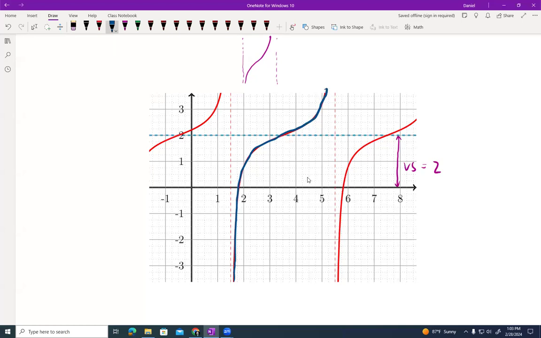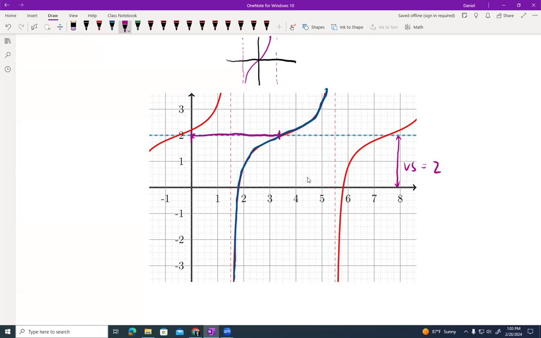And so we're going to save amplitude for last because that's the hardest thing. But we can talk about the horizontal shift. For the horizontal shift, we're supposed to have this middle key point, where it touches the axis of symmetry, go through the origin. So the horizontal shift of this graph will be how far removed this point is, where it touches the axis of symmetry.